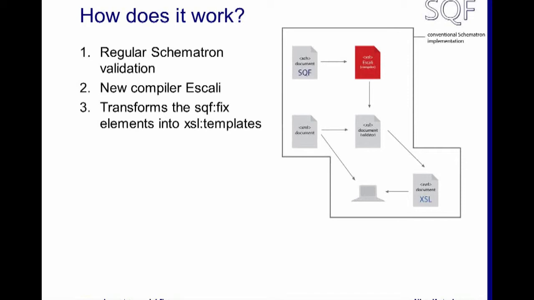So then I designed this extension language with the SQF prefix, with the SQF fix elements in the Schematron document, and now the Escali should transform and pass the SQF fix elements through the validator into the SVRL document as XSLT templates.